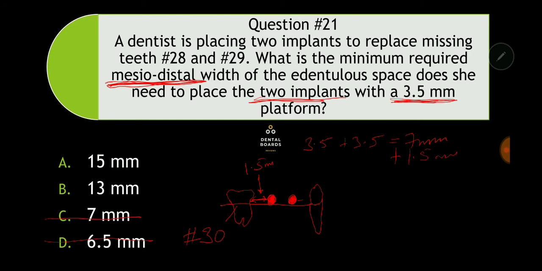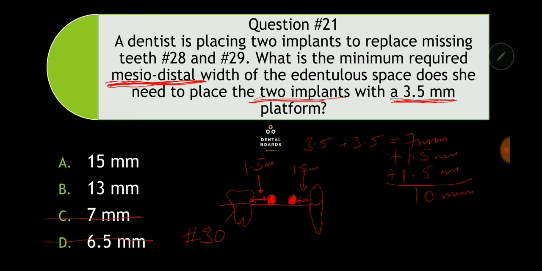This implant also, from the natural tooth, is supposed to be placed at 1.5 millimeters. Add another 1.5 millimeters. Now we have 10 millimeters. So we still have the A and B, because we're still at 10.